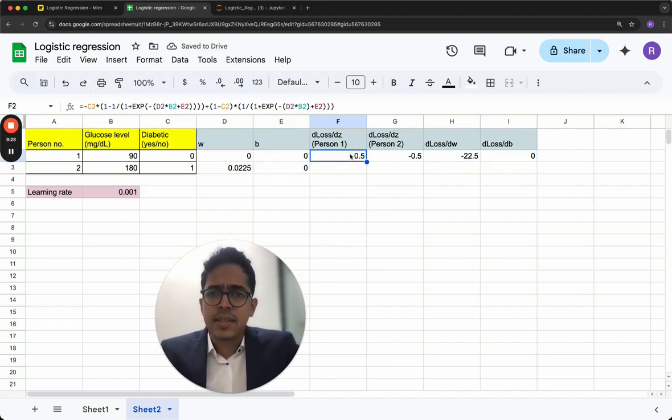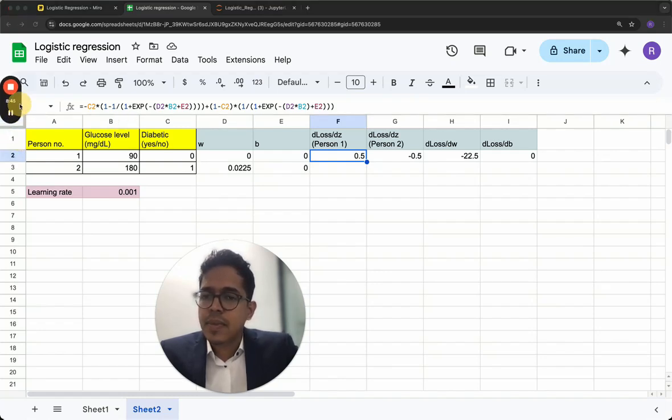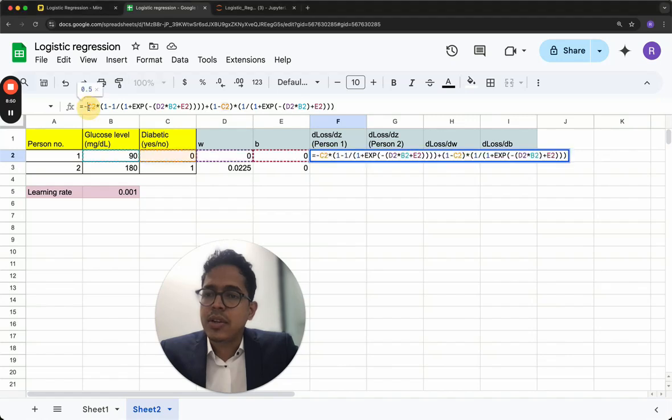Second thing is, in this column F, I'm always looking at person 1, right? Which means it will always be row 2. So C2 means person 1, Y means C2. So this C2 value I can put as $C$2, but D2 I can put such that 2 will become 3, 3 will become 4, etc. But D will remain the same.